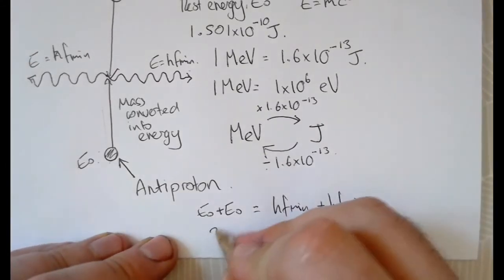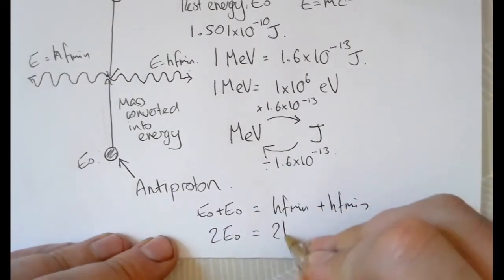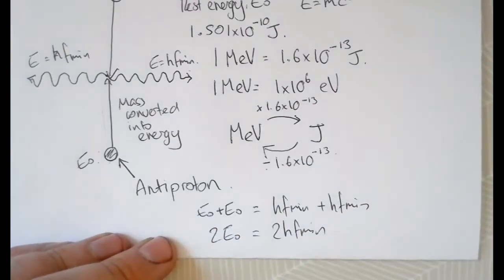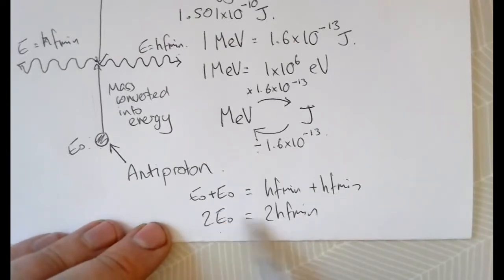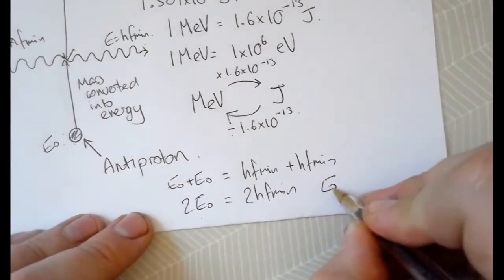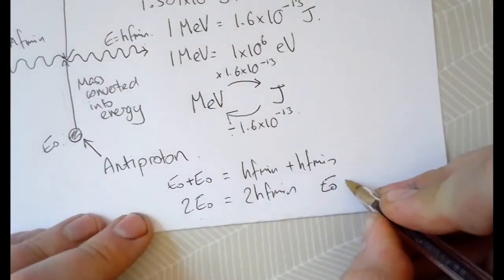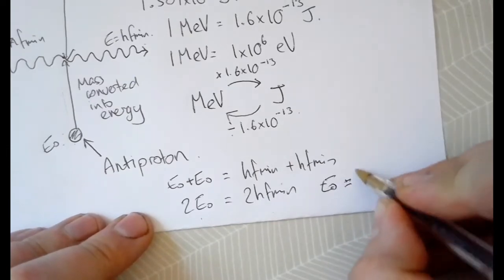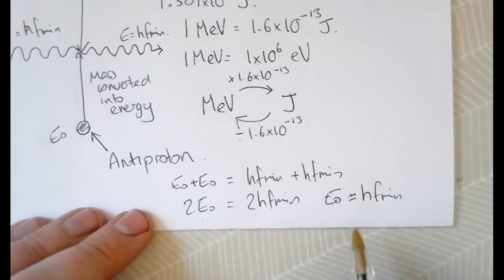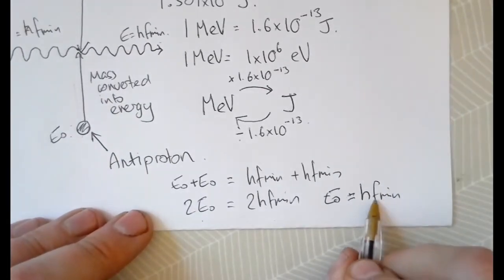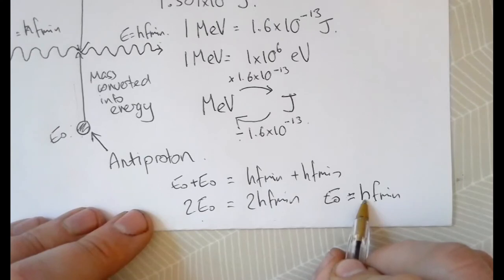So if we simplify this, this gives us 2E0 equals 2hf min, and obviously we can get rid of the 2's. So the rest energy of a proton can be equal to the minimum frequency of our photon produced multiplied by Planck constant.